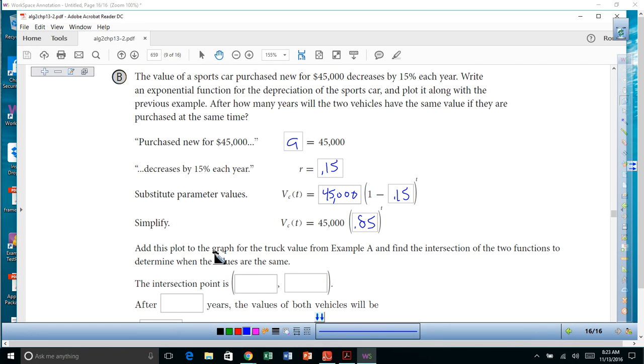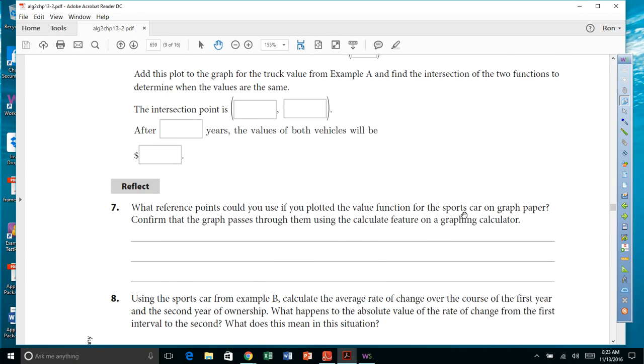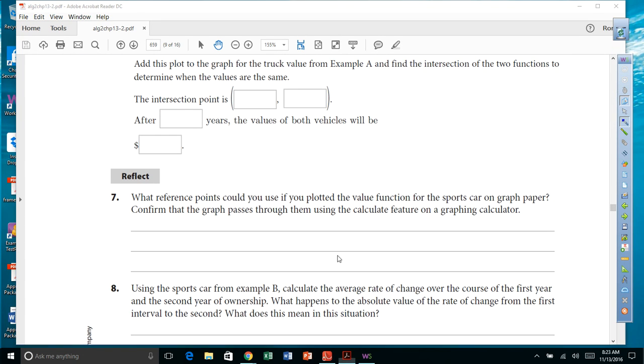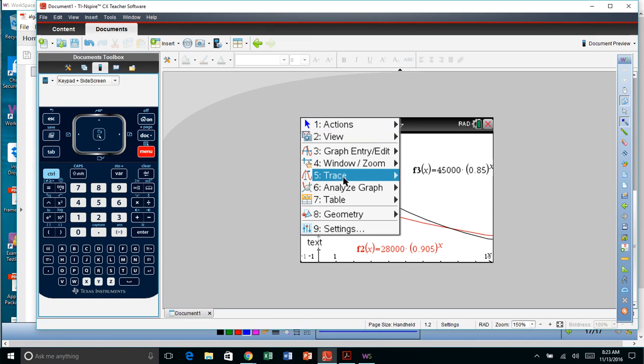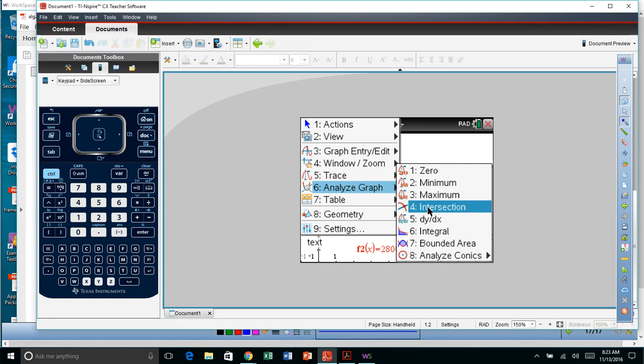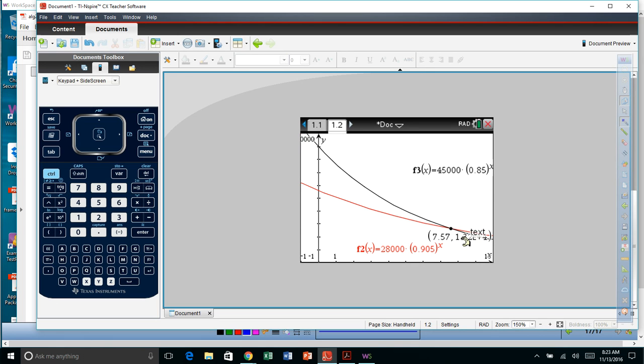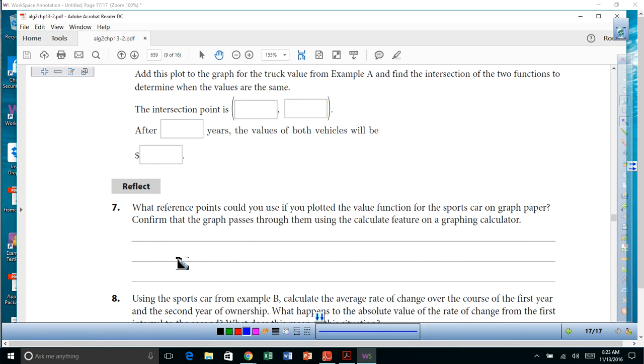Okay, we did that. The intersection point is, let's find it. It's easy. Menu 6, 4, and that is 7.57.